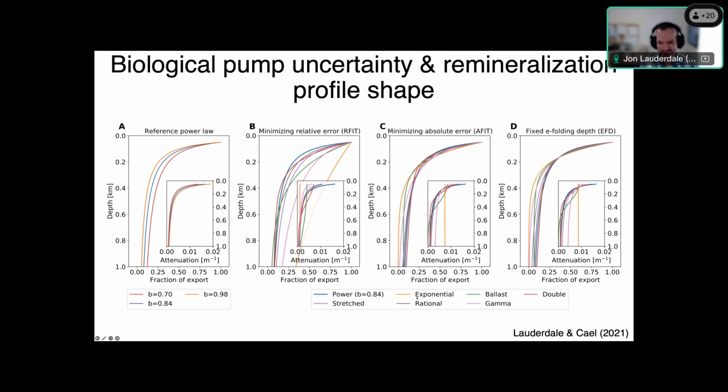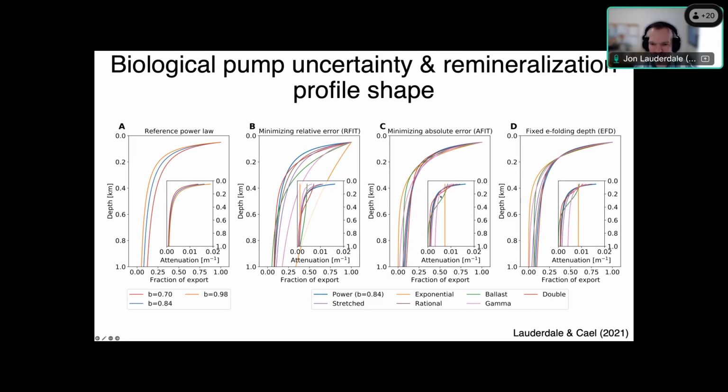There are a bunch of different mathematical forms that those can take: exponential profiles, double exponential profiles, for example, and one that includes the effect of ballast, so calcium carbonate. We tried those, and fit these different mathematical formulations to the control Martin curve in three different ways, so you get a bunch of different curves.